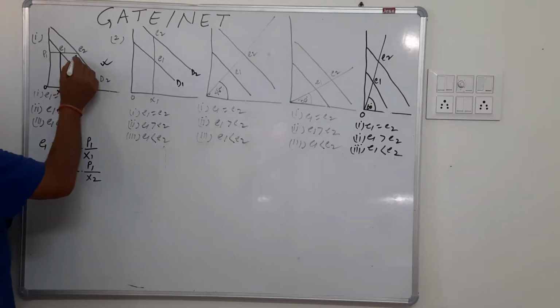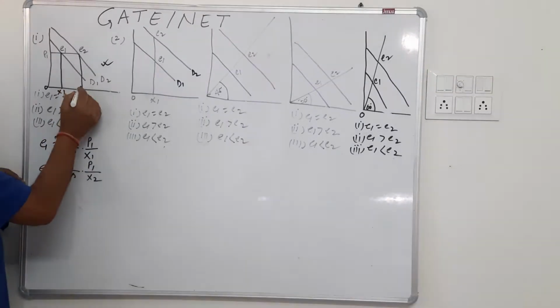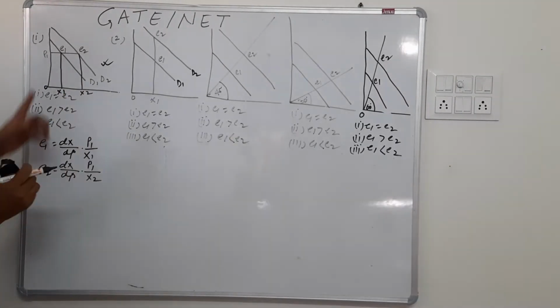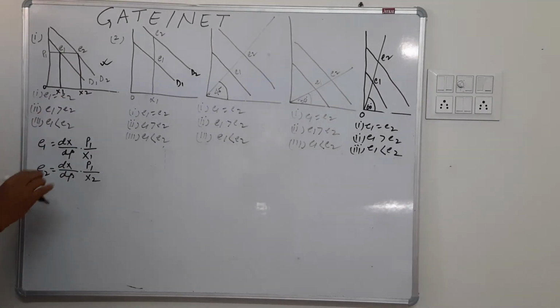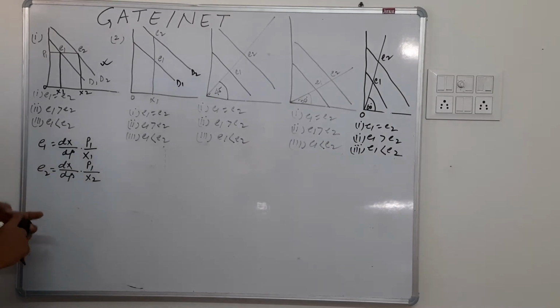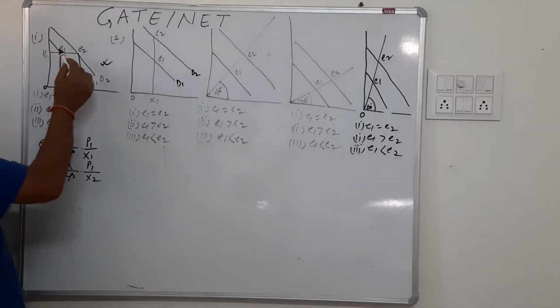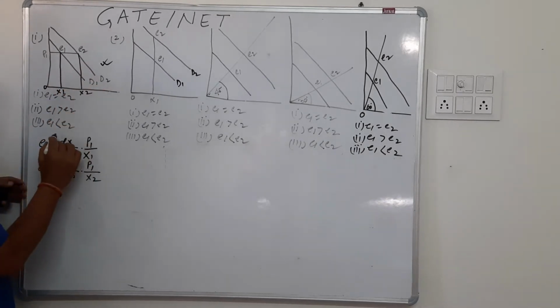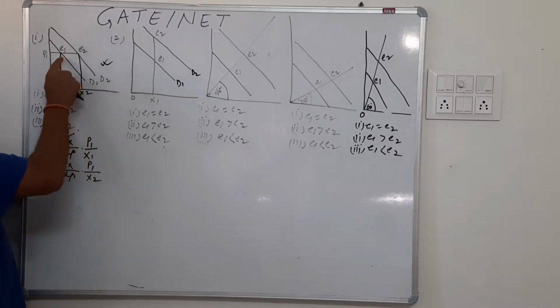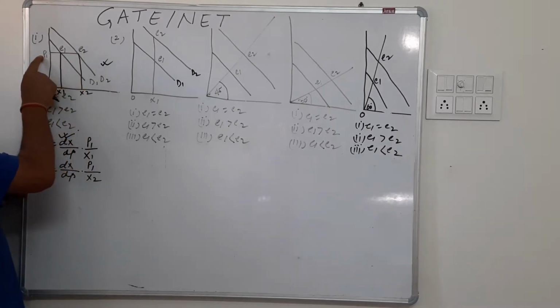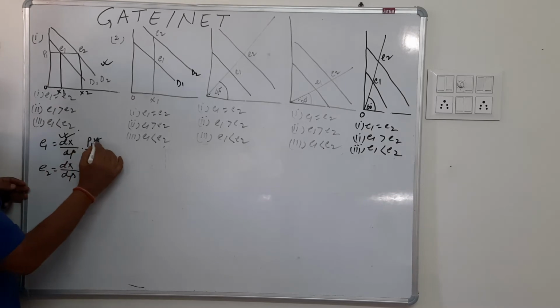Now it is obvious from the diagram that at these 2 points, out of 3 components of elasticity, 2 are constant. These are 2 parallel demand curves, so the slope is constant. At both points the initial price is P1, so P1 is constant.